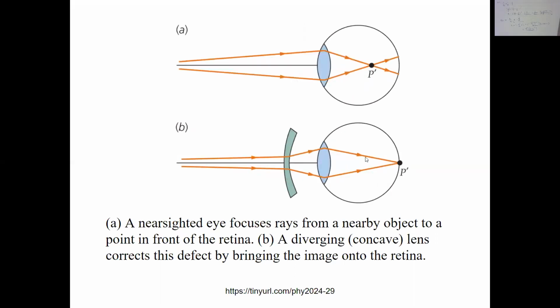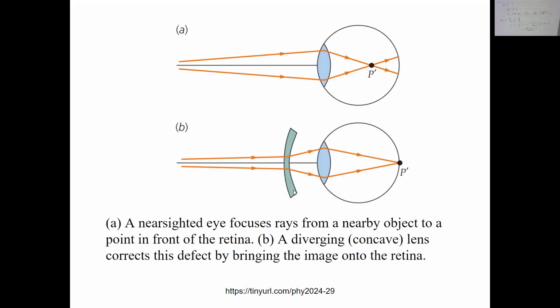And on the other hand, if we have nearsighted eyes, then the focus will be before the retina over here, so the image will be somewhere here. So in that case, we need a concave lens to correct the image to be formed onto the retina, at the back of the eye.